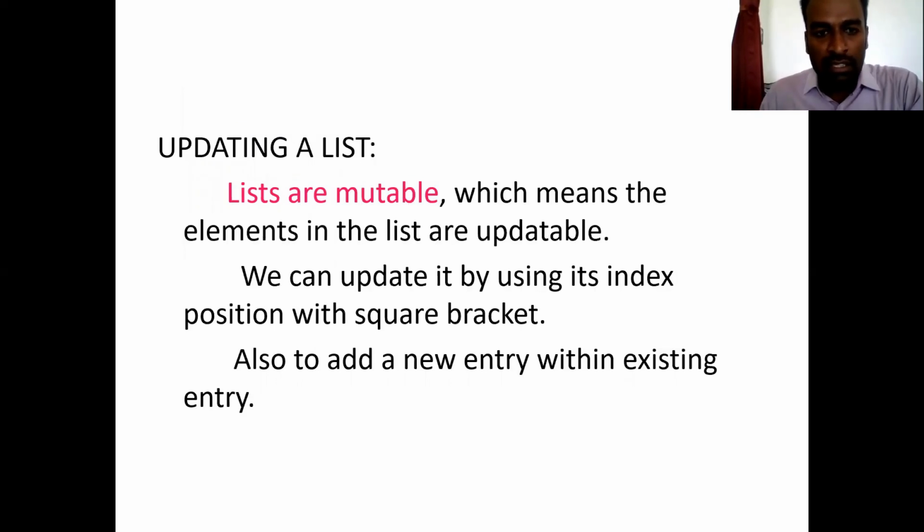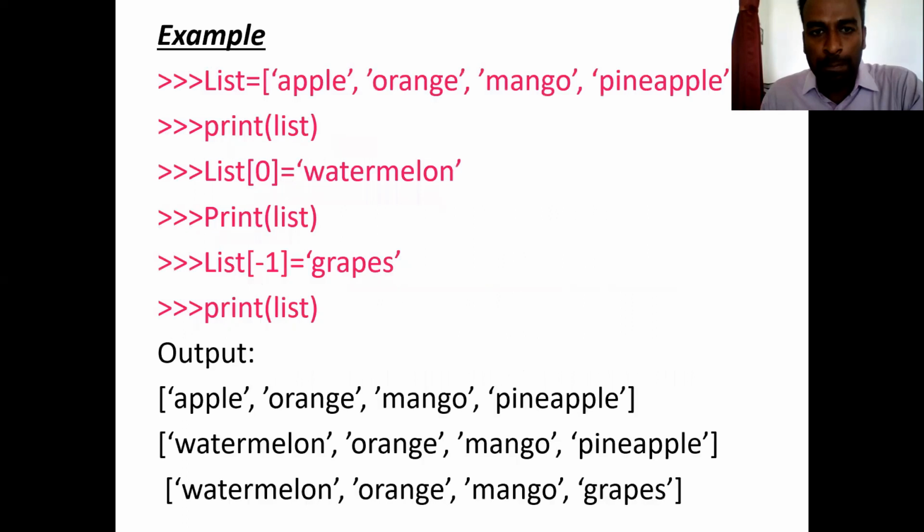Next one, how to update a list. Already we know that a list is mutable, which means the elements in the list are changeable. You can update it by using an index position with square brackets, and also add a new entry to the existing entries. Suppose we have a list with some elements, and you want to add some element in the list with the help of an index position.